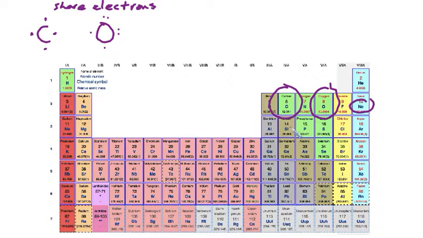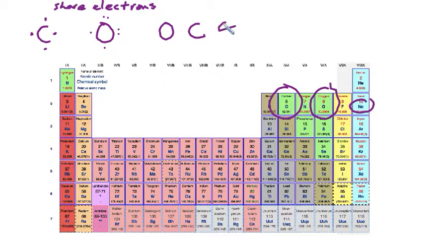So there's actually a couple ways that carbon and oxygen can get together and do that. Well, since carbon has 4 available, oxygen has 6, carbon would need 4 more, oxygen would only need 2 more. So here's one way that they go about doing that in what we call CO2, or carbon dioxide.